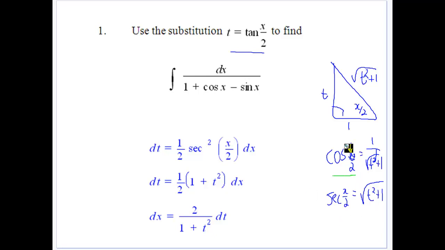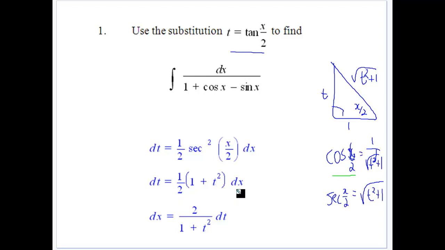Now where does that come from? Well, if tan of x on 2 is t on 1, then by Pythagoras' theorem we get the square root of t squared plus 1. So cosine would be 1 on the square root of t squared plus 1. So sec then would be the square root of t squared plus 1 over 1. So that's where we get the half outside of 1 plus t squared dx.